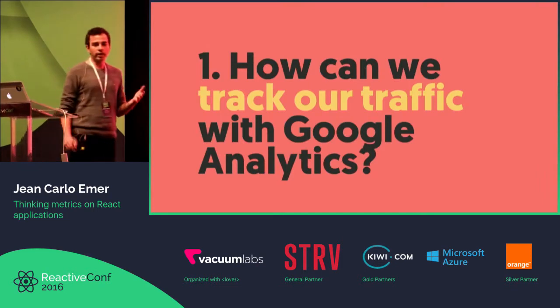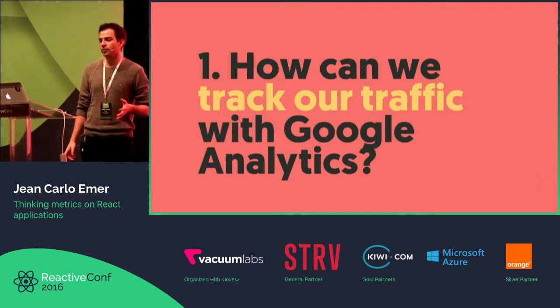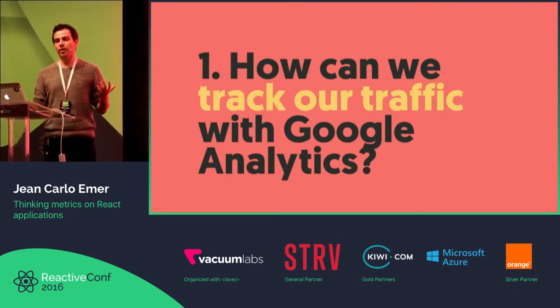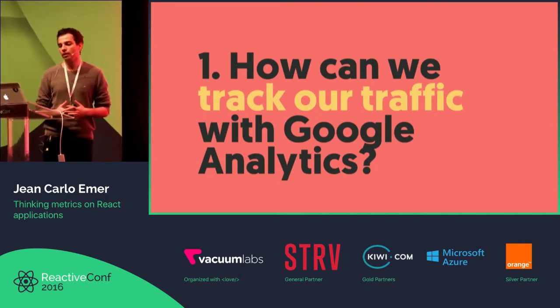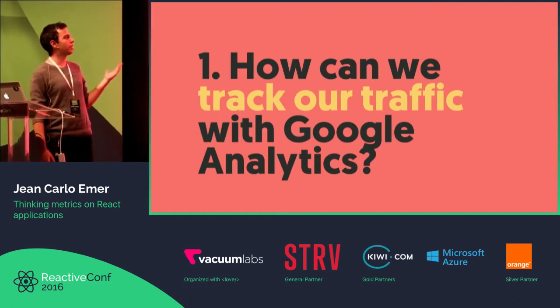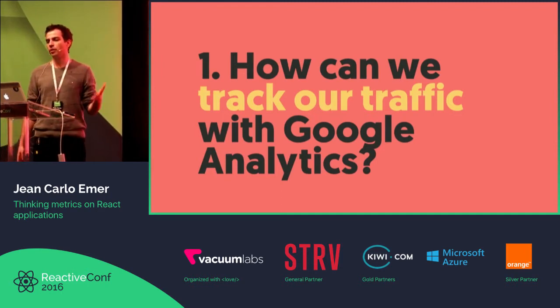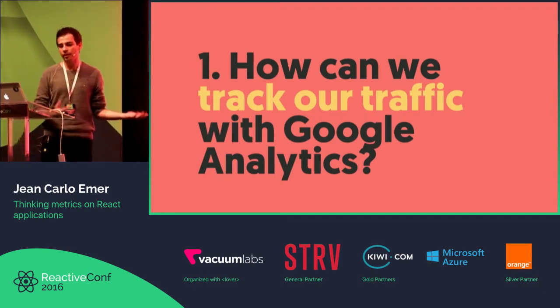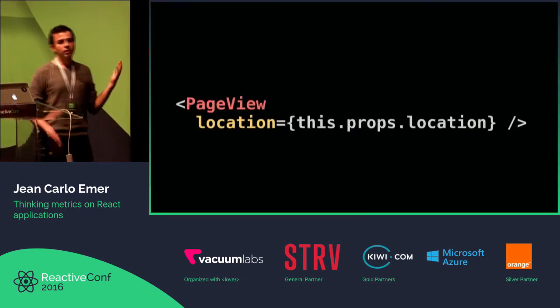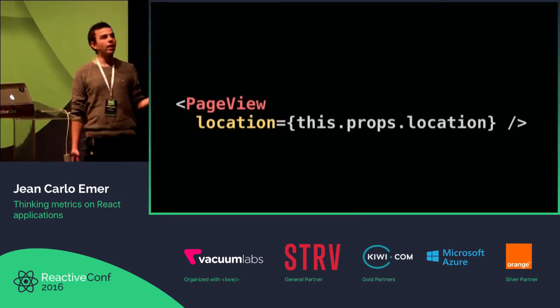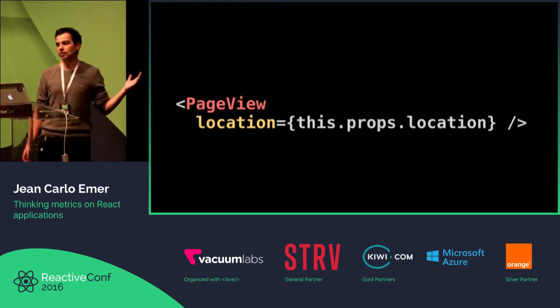When we were ready to launch the product, we realized that we weren't thinking about metrics. So this question came up: how are we going to track our traffic on Google Analytics in a React application? The easiest solution that came out was to create a component for that.